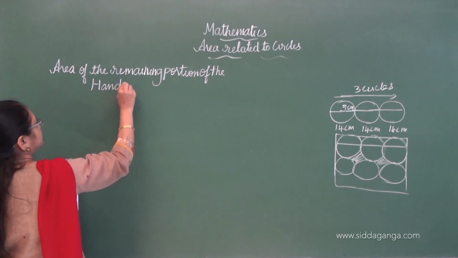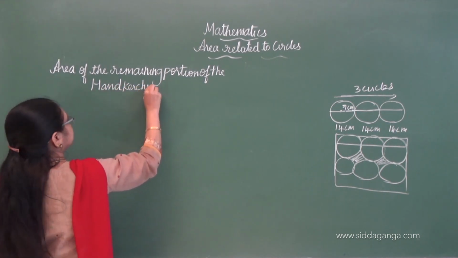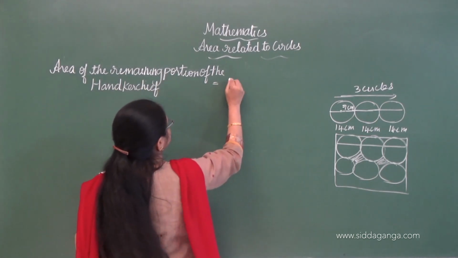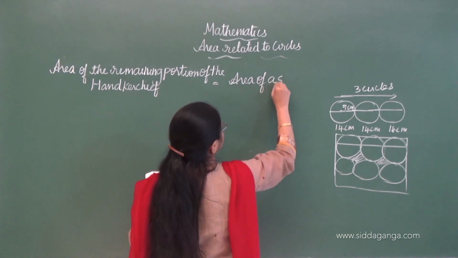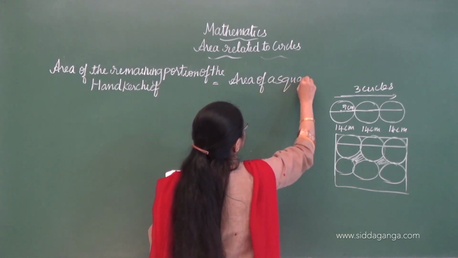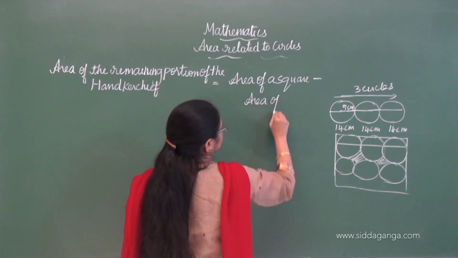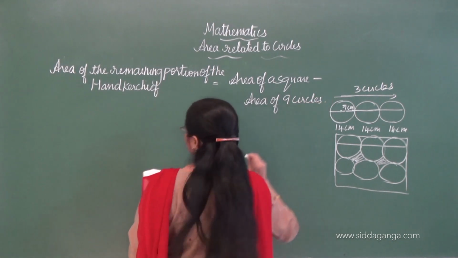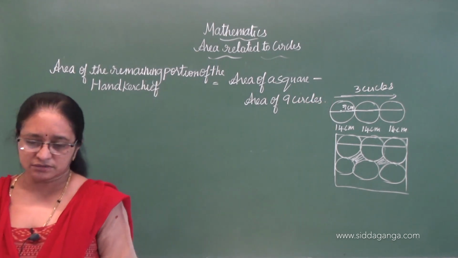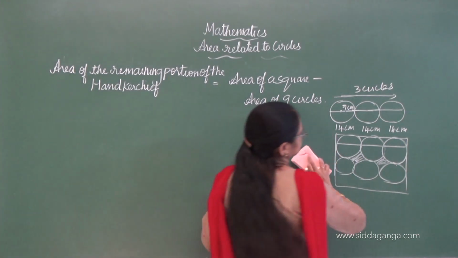So please think how to write. Is equal to, so area of a square minus area of 9 circles. Okay, area of the square minus area of 9 circles.